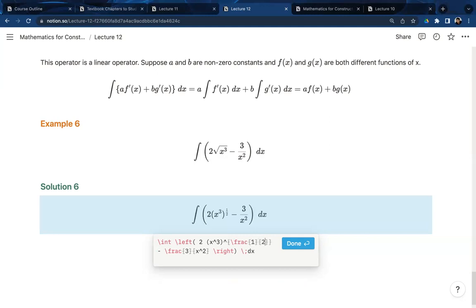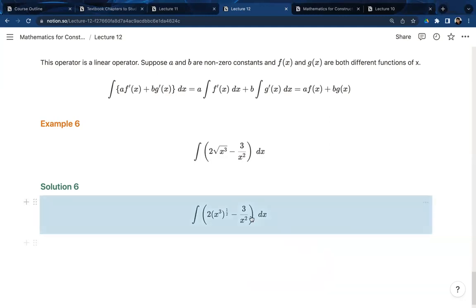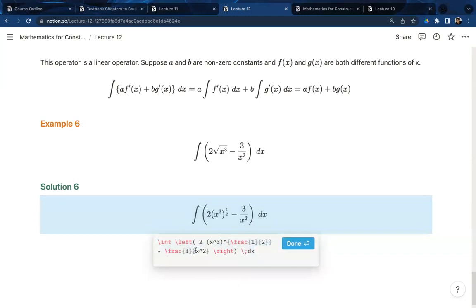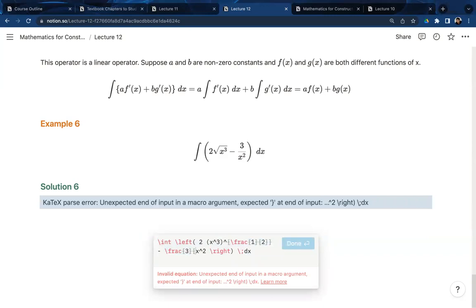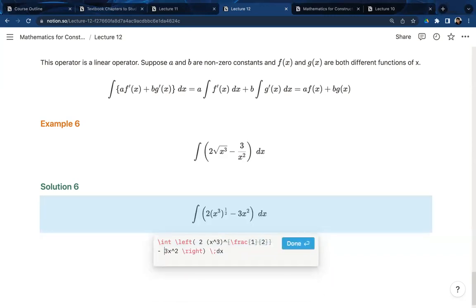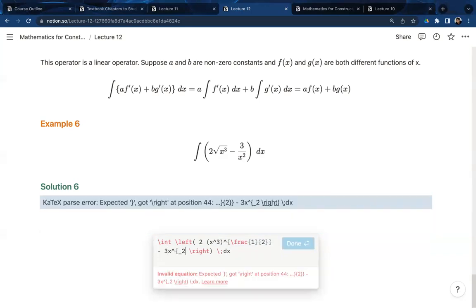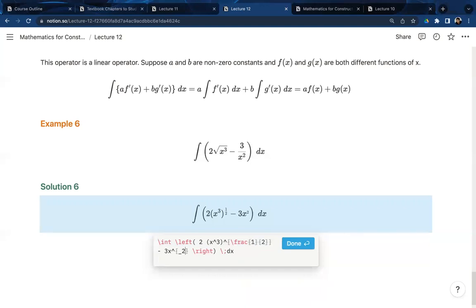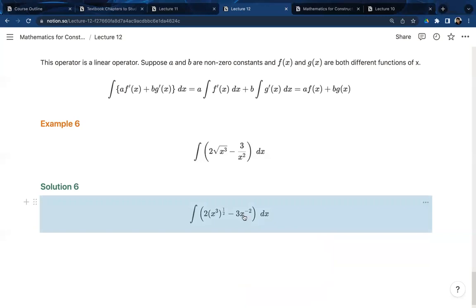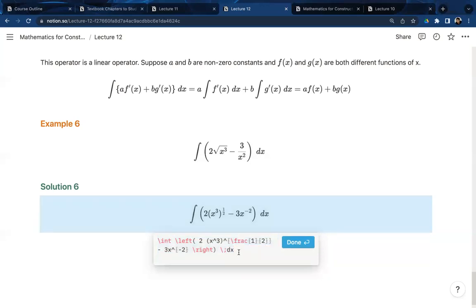And the 3 over x squared, this is really 3 by x to the power negative 2. Remember, negative 2 is 1 over x squared. Let's simplify this again.